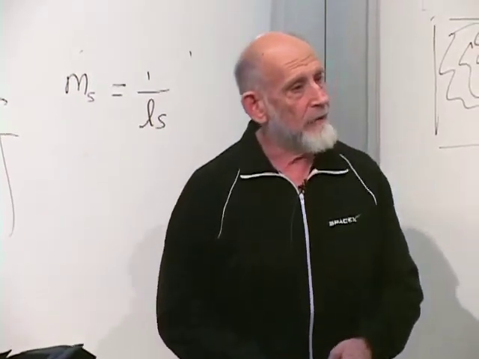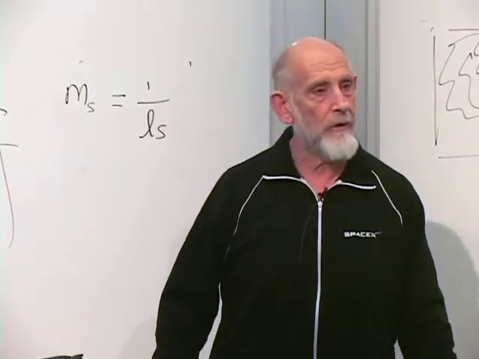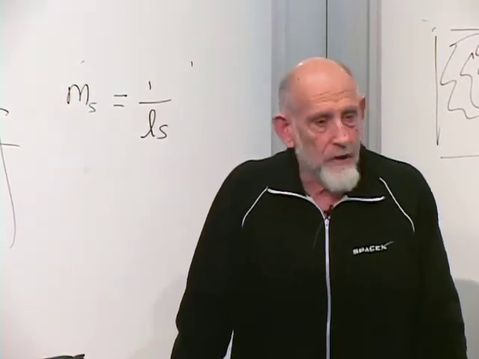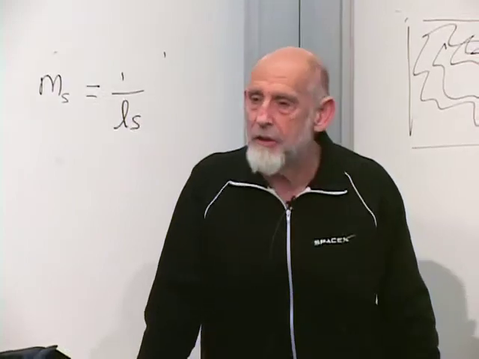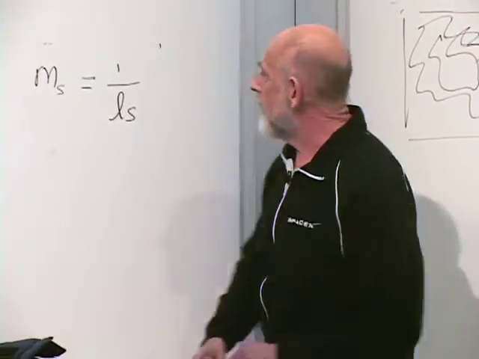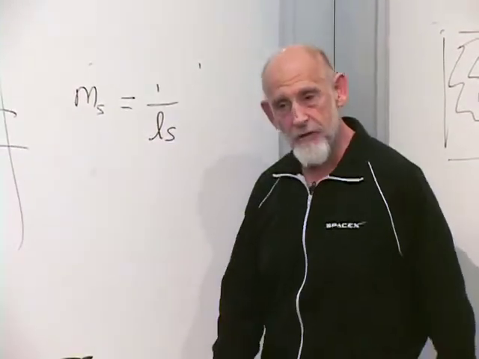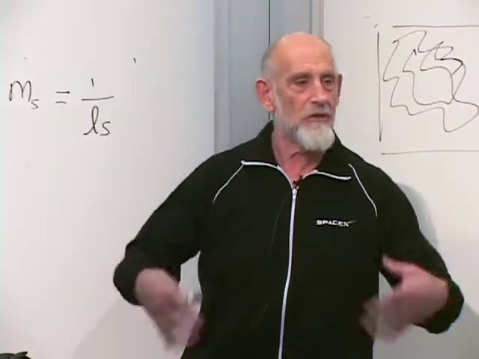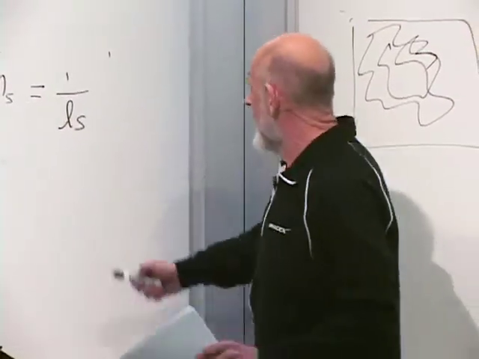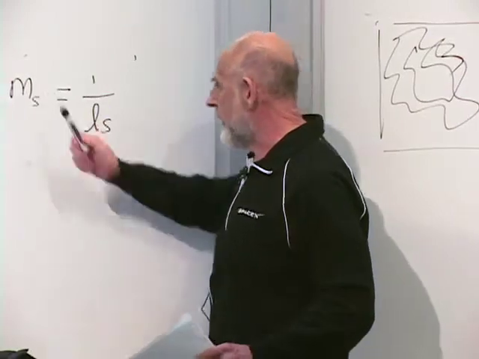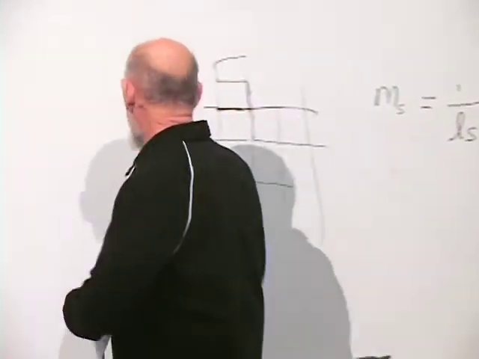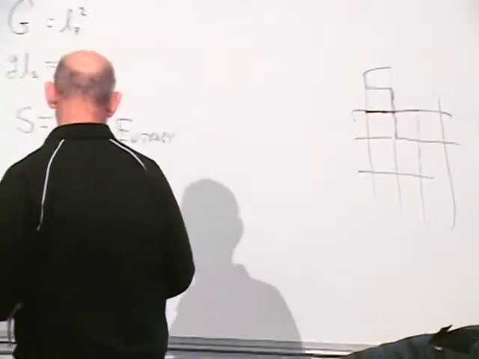So if the basic unit of length for a string is 10 to the minus 6 zillion centimeters, then the mass of a little bit of string is going to be 10 to the plus 6 zillion something or others. All right, so the smaller the string length, the bigger the mass scale. And now we can write down the answer.